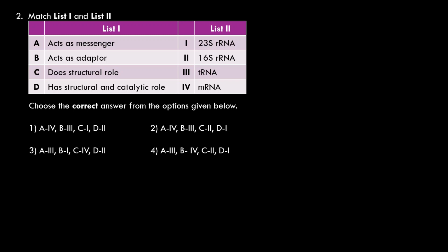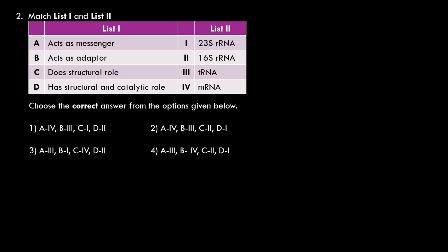Right? It has a structural role. Only it has got structural role, that is 16S ribosomal RNA has got only structural role. It is present in 30S subunit of 70S type of ribosomes.